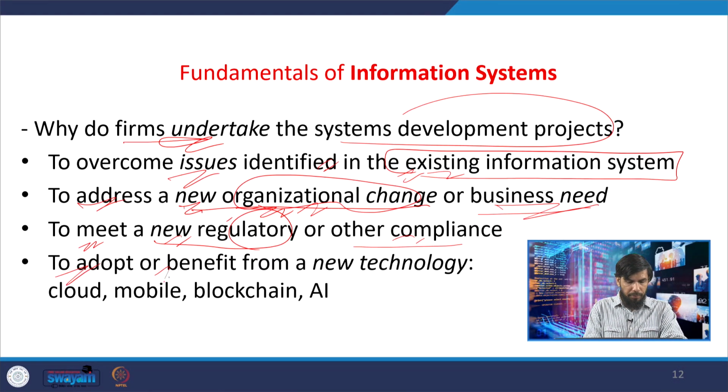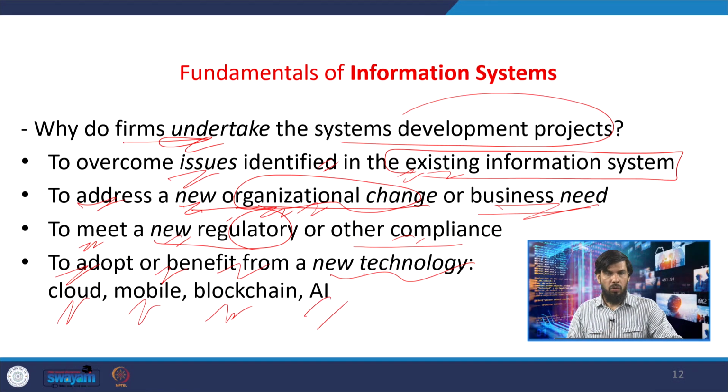Then, to adopt or benefit from a new technology. New technologies keep coming in, starting from cloud, mobile, blockchain, AI. There might be a strategic decision by the organization that they don't want to be left out, they want to maintain their competitive advantage, or there is a competitive necessity, as their competitors are adopting some of these new technologies and their customers might like the better engagement and interaction.